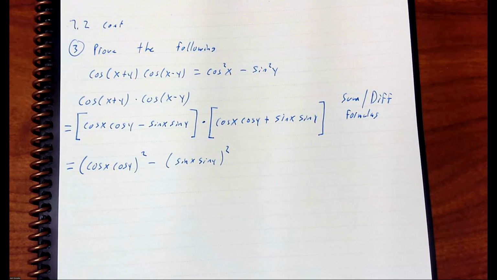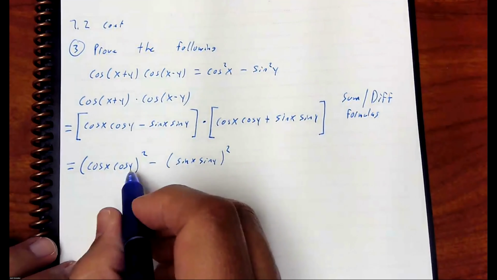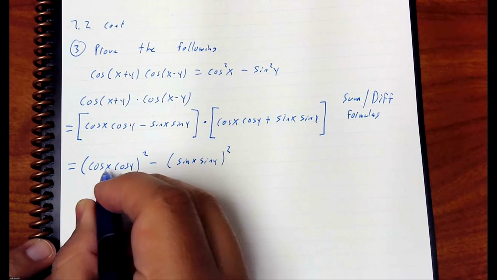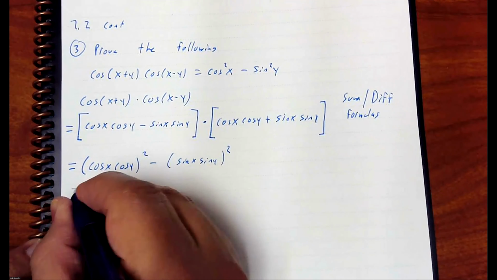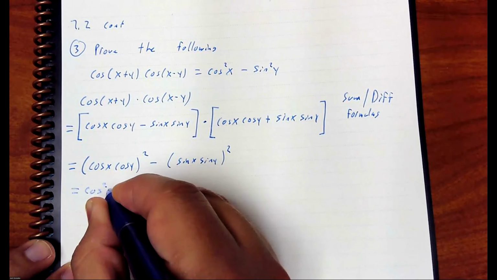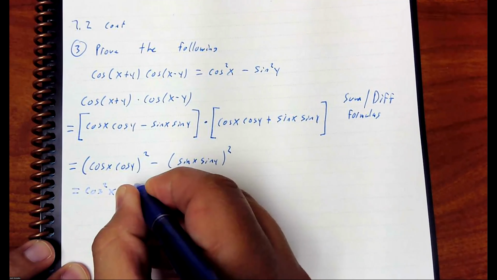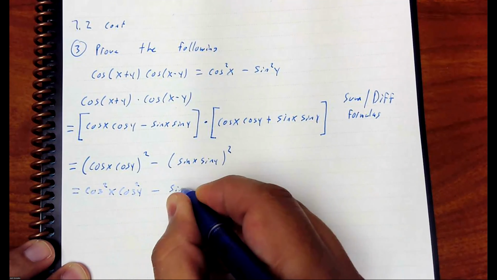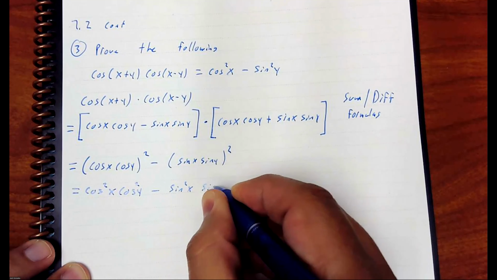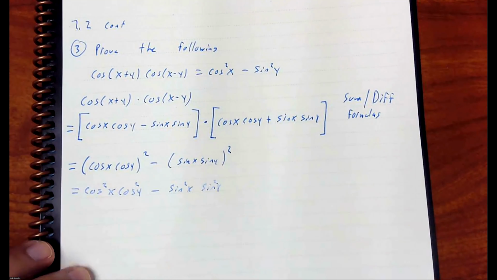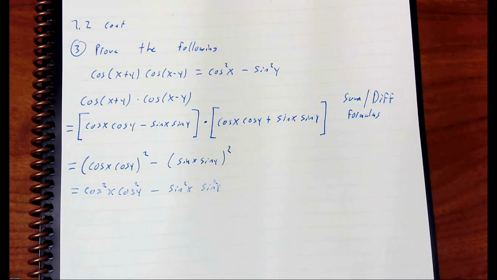Not quite there. But we should know that if you square two products, they both receive the square, right? Okay.